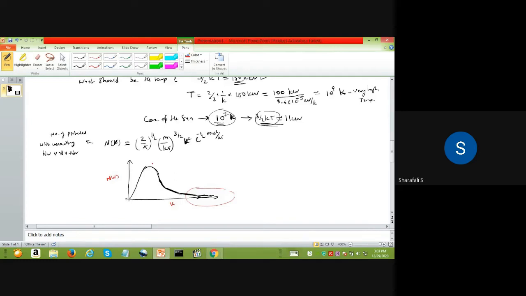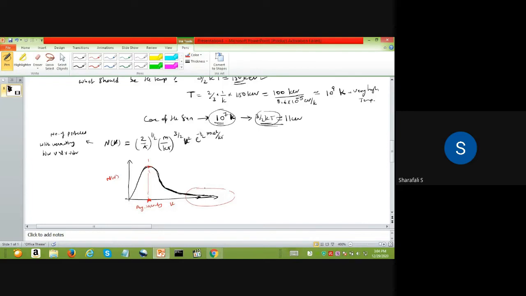The average will come here. That is the average speed or velocity, and the maximum number of particles have this much velocity. That is given by this 3 by 2 kT, the energy associated with this velocity.